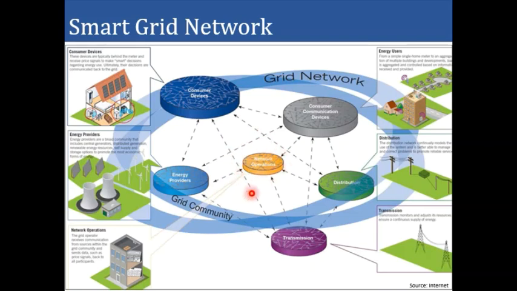So at the center you will see there is a network operations center which will coordinate among various entities for better operation of the power system network. So these entities are key entities for the smart grid network. We'll discuss all of these entities in detail when we progress in the course.